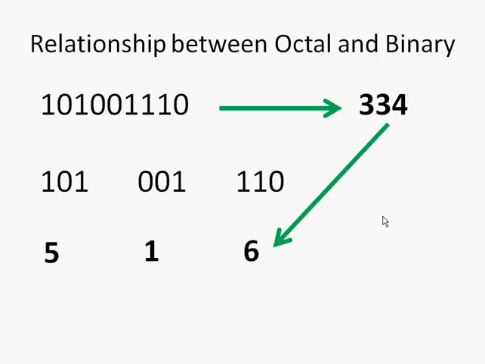So there is a relationship there, and the main thing to think about is the fact that if you split up binary values into groups of 3, then they can be converted into octal numbers very easily.